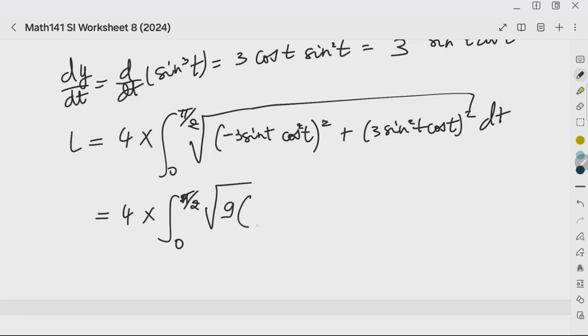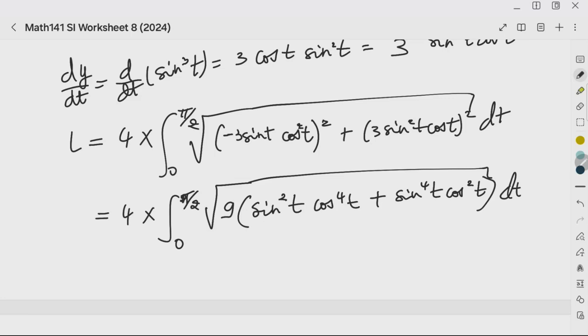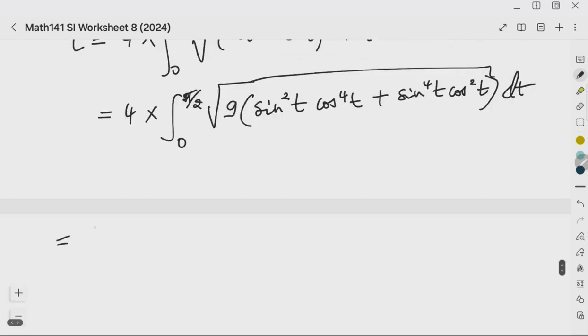So we have 9 as a common factor, taken out, multiplied by sine squared t cos to the 4t plus sine to the 4t times cos squared t, dt. We can get rid of the 9 because it's a constant. We'll remove it from under the square root sign.